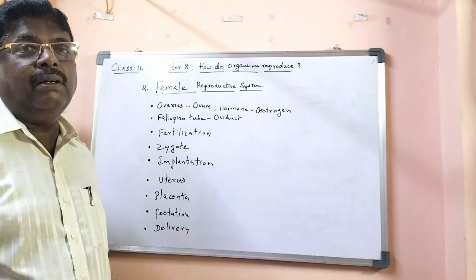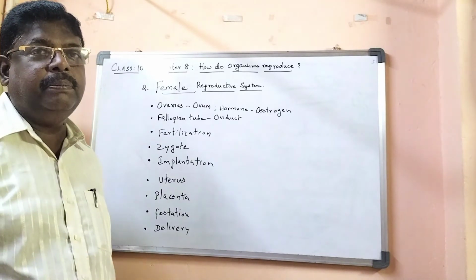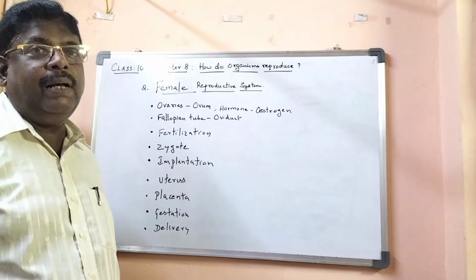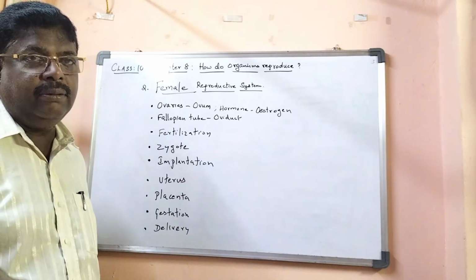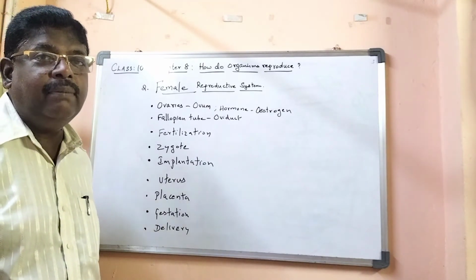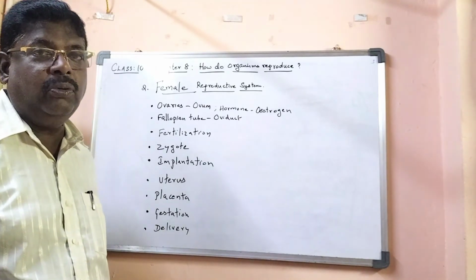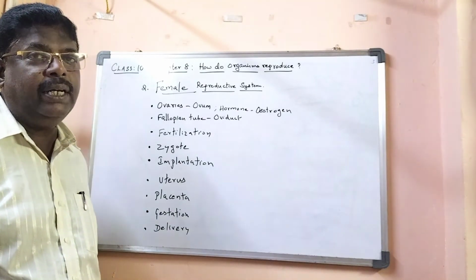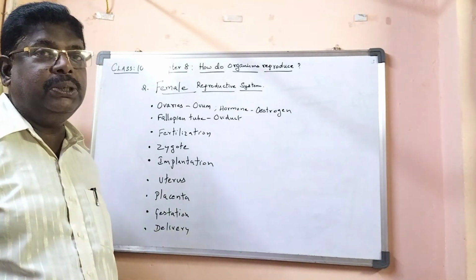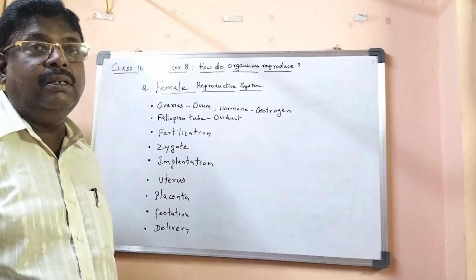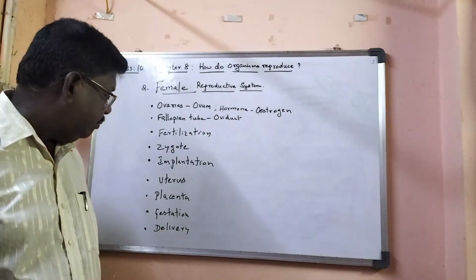Meanwhile, waste materials produced by the fetus will also be passed to the mother's blood. So the baby gets nourishment, and at the same time the waste is also removed. For this process, the placenta is very useful. It is a special tissue which forms a connective link between the mother and the child.